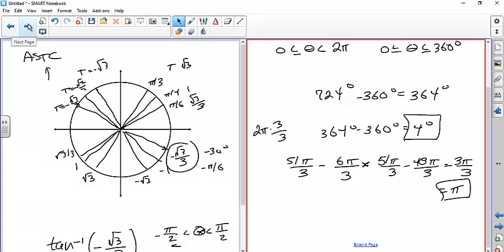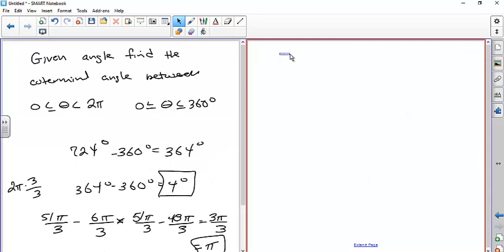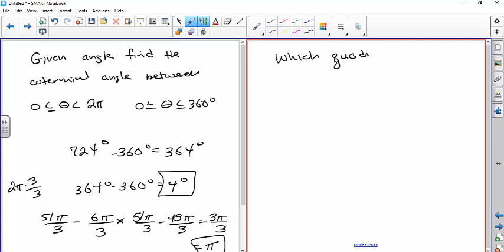Okay. Likewise, I might ask you which quadrant something's in. If it's just an angle between 0 and 2 pi or 0 and 360, then you could look on your unit circle and figure out where that angle is relative to the quadrants.